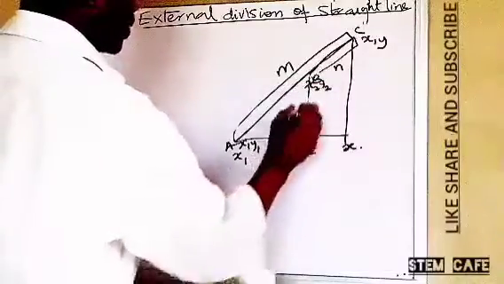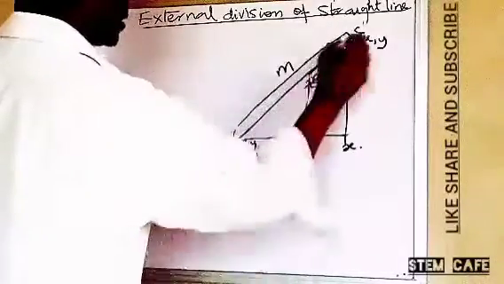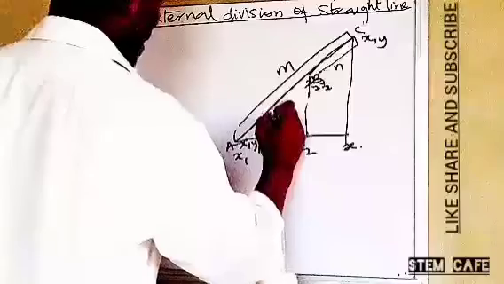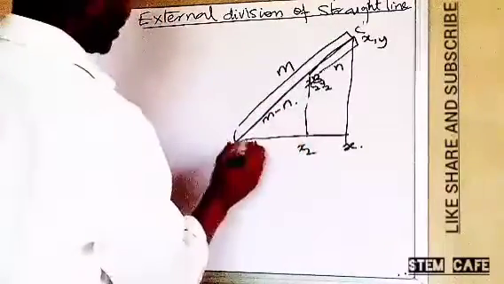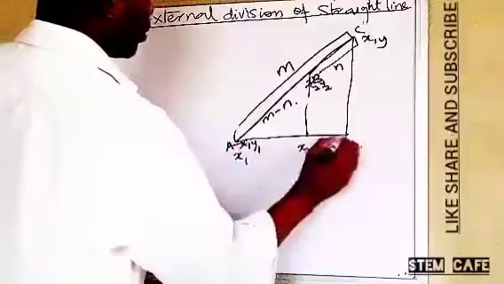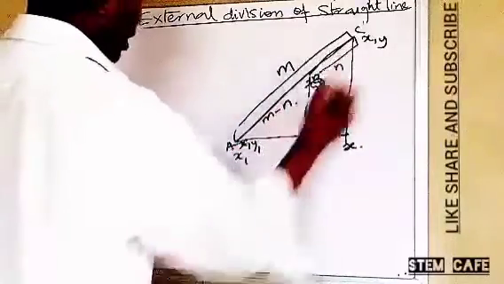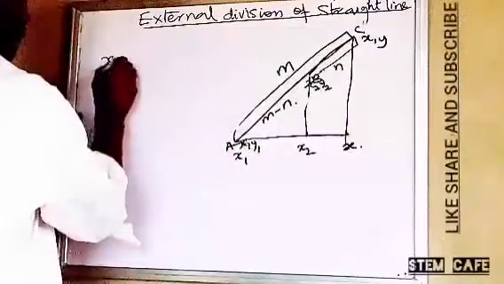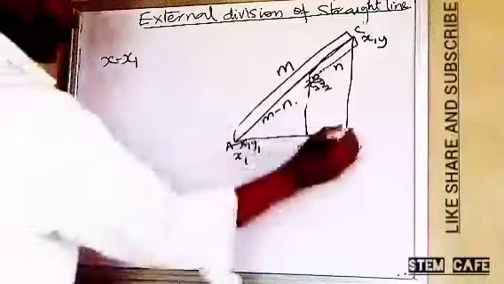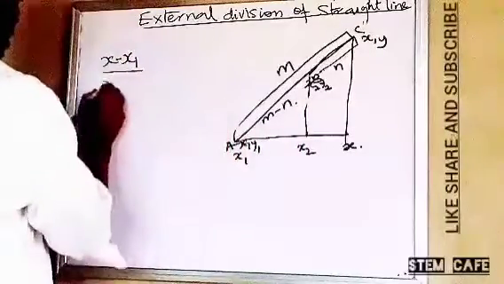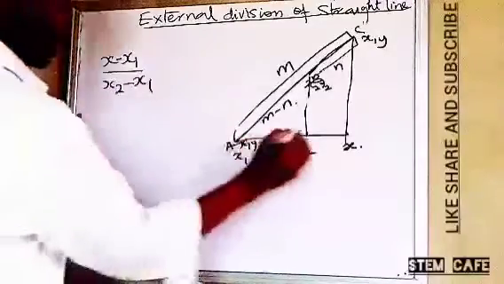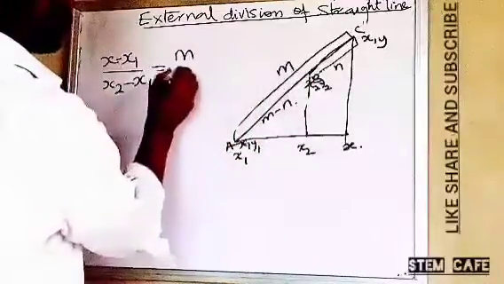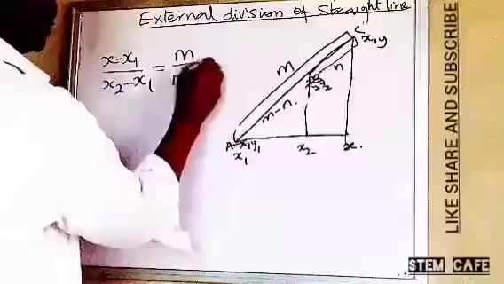Here now, we have similar triangles, and we can see that if this place is m, this place will be m minus n, and the whole place will be in the ratio m to m minus n. How do I mean? x minus x1, this whole place, over x2 minus x1, this place, will be equal to m over m minus n.